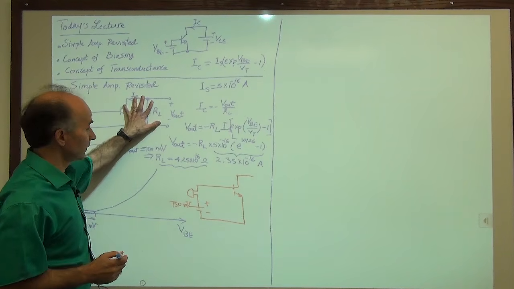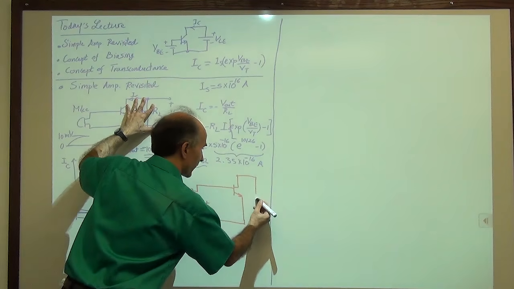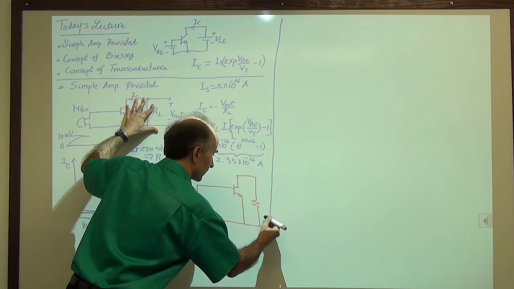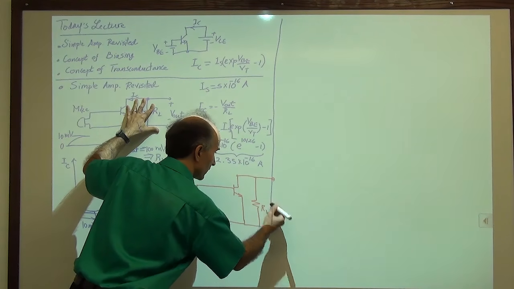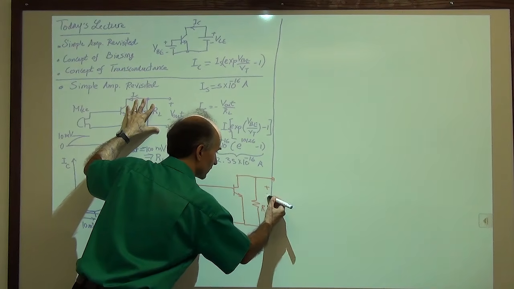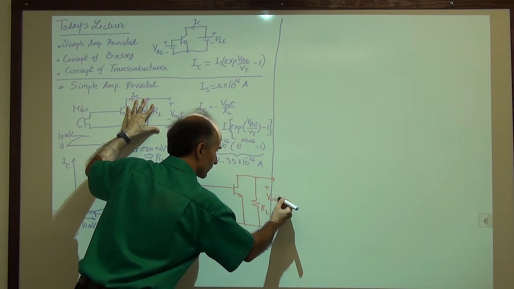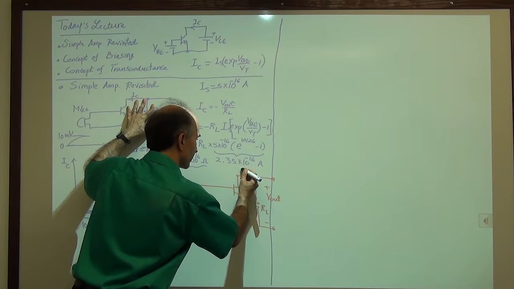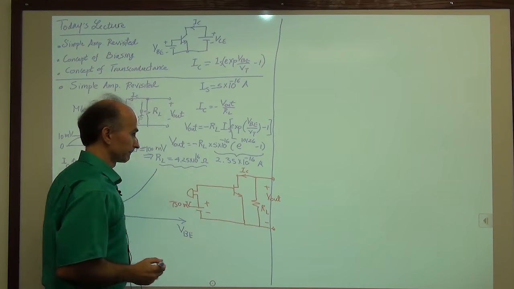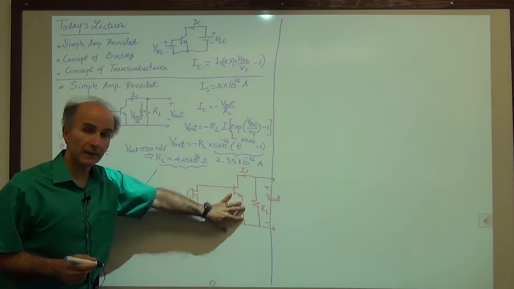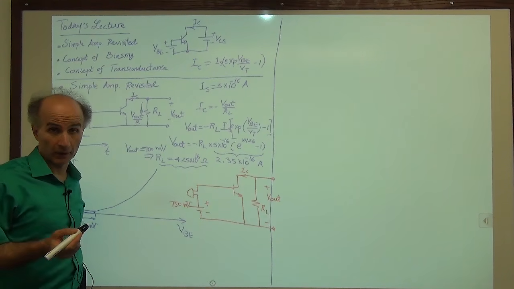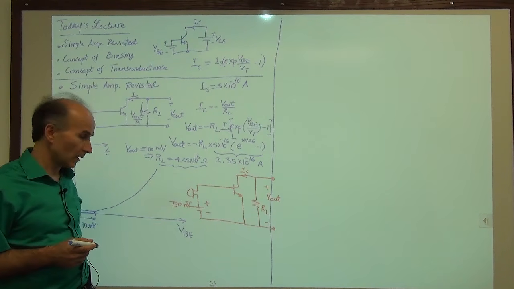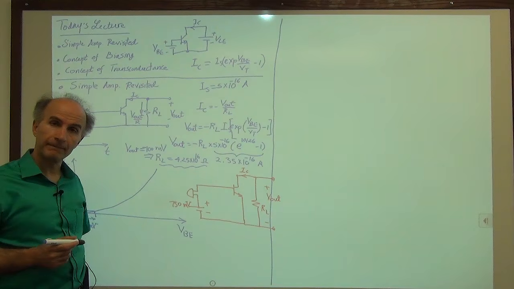Now the rest of the circuit we copy. So we have our RL, and we are interested in this voltage, Vout, and we're hoping that there will be a current here, IC. The question is, is this different from this, or is it better? So what does this battery do?